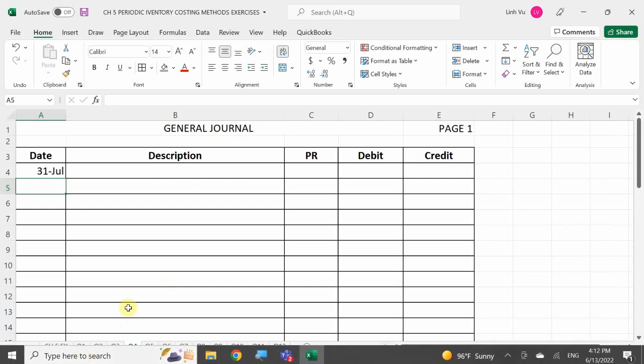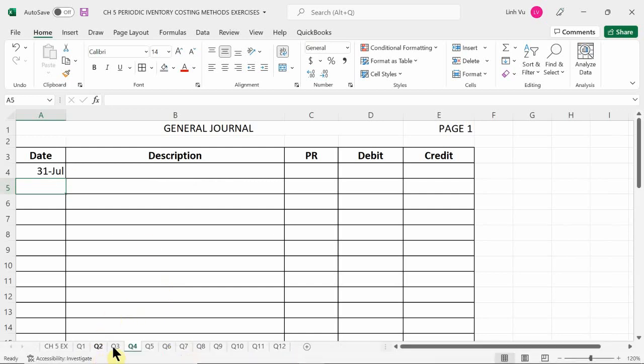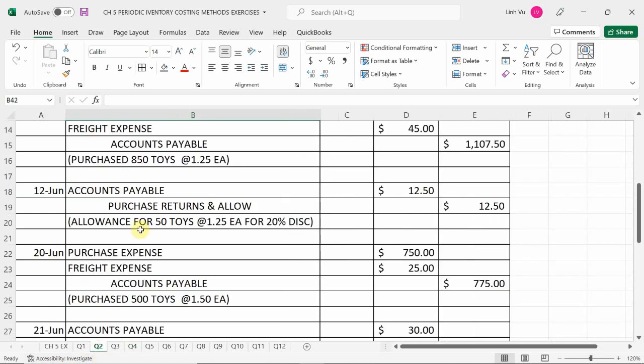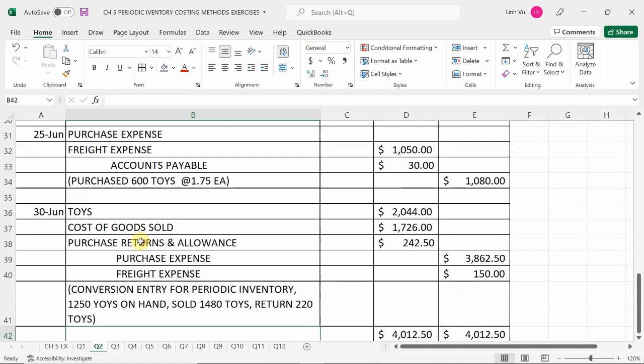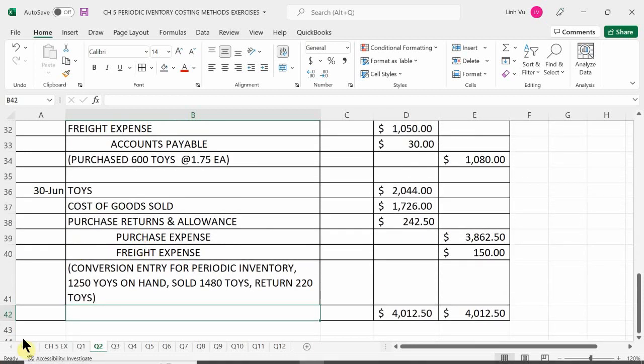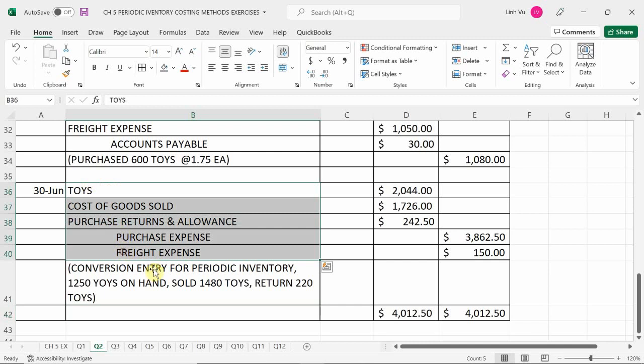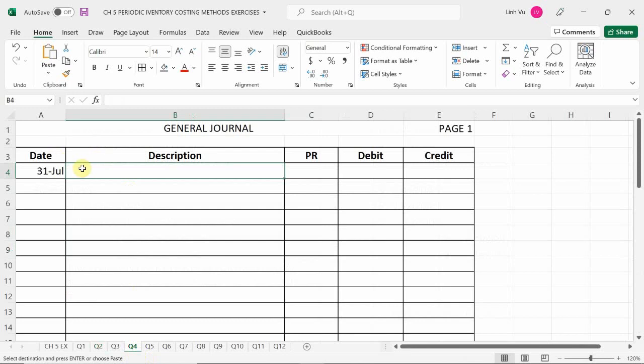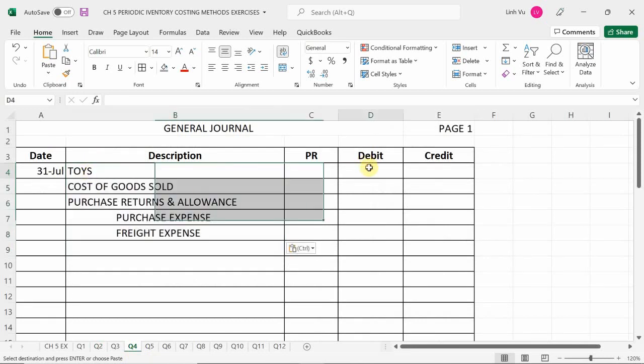We have toys, which was $1,102.93. Okay. What else? And we have the cost of goods sold, which was $3,822.57. Okay.